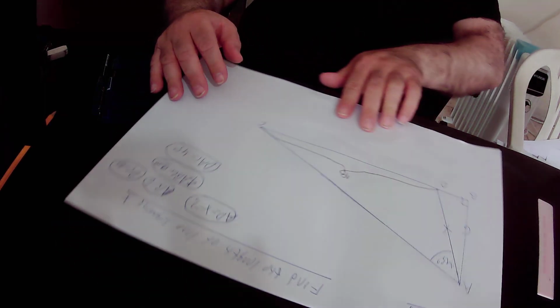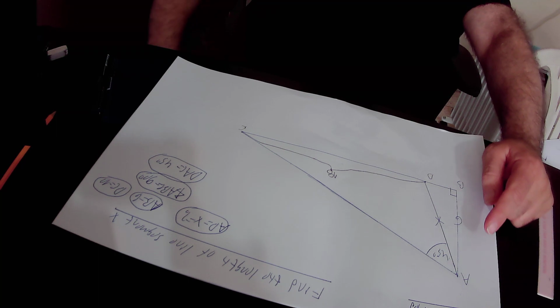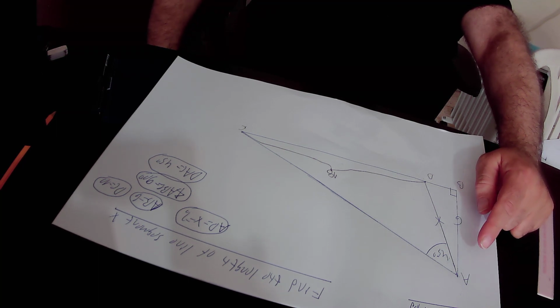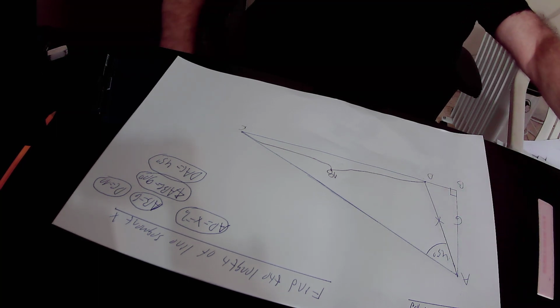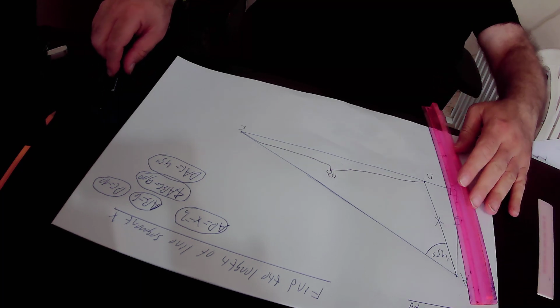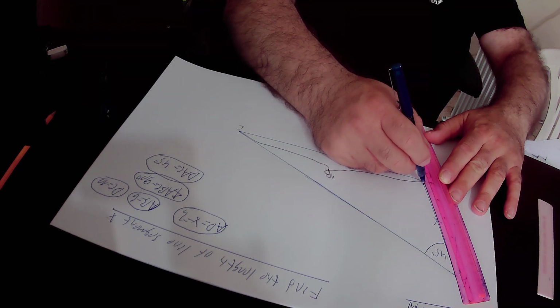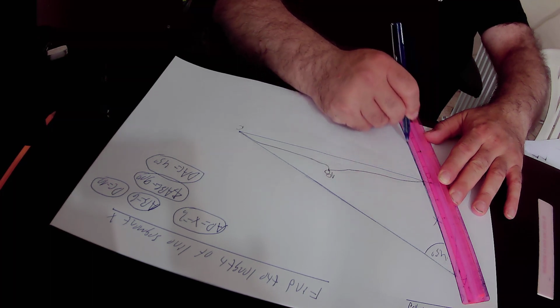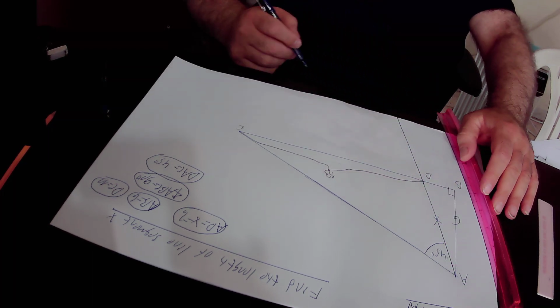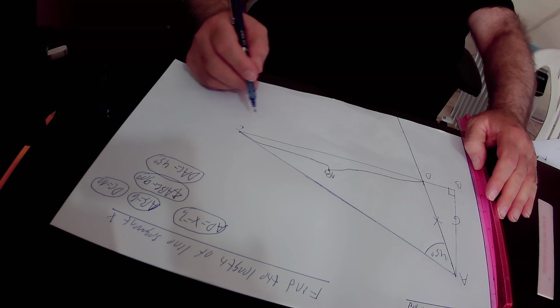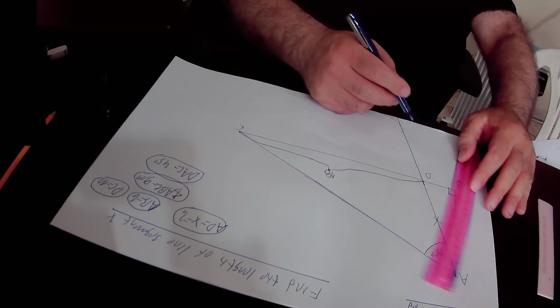and we will extend line segment AD by a straight line. And then from point C, we will draw a perpendicular to the extended AD.